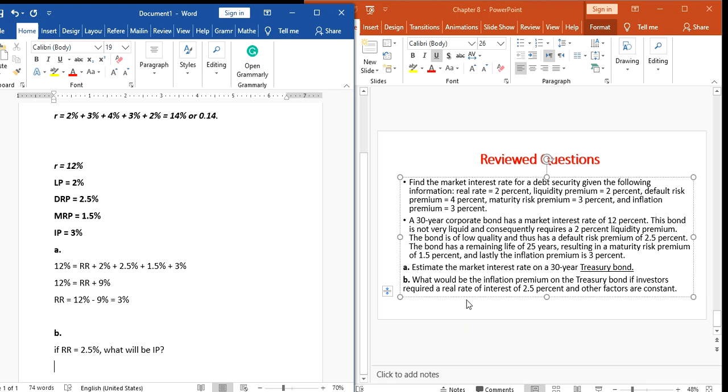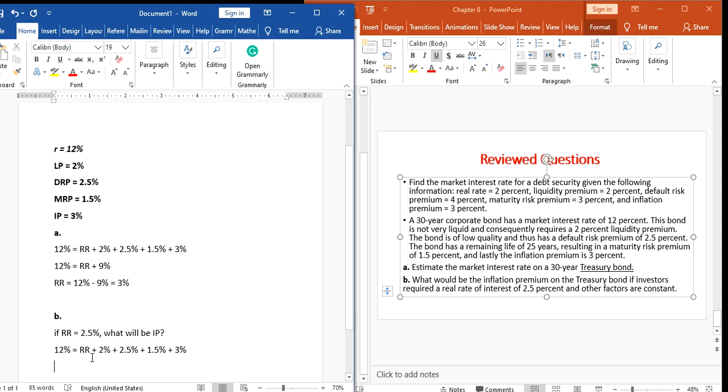This time we have all the factors the same, so in order to shorten our way, I'm copying and pasting it, sorry. But the thing is, the inflation premium is not given, and also this is 2.5%.